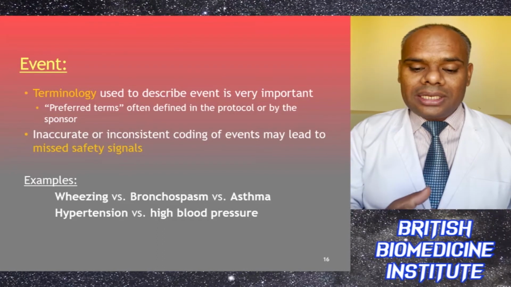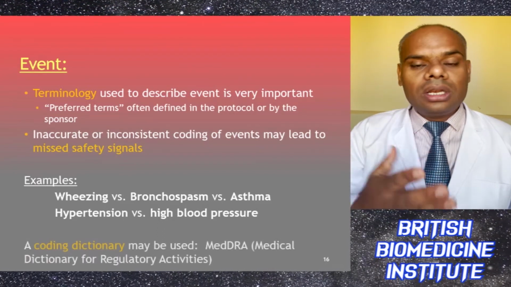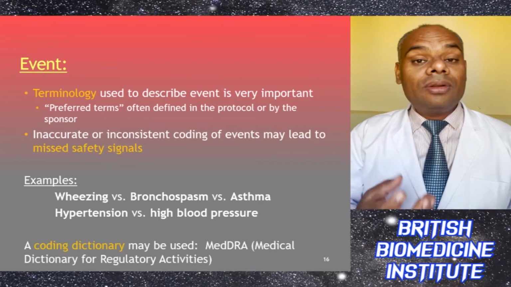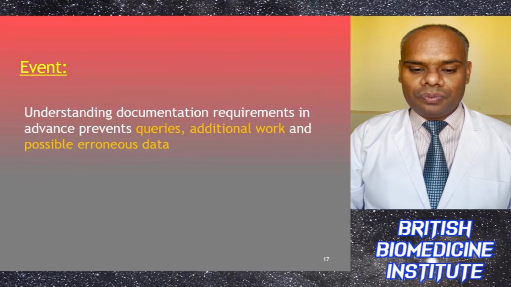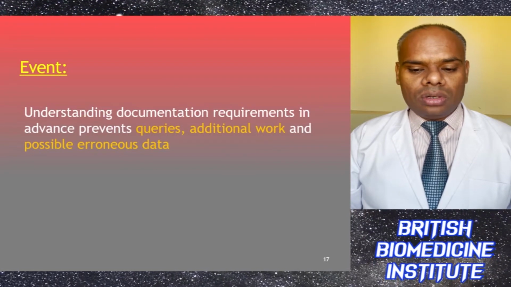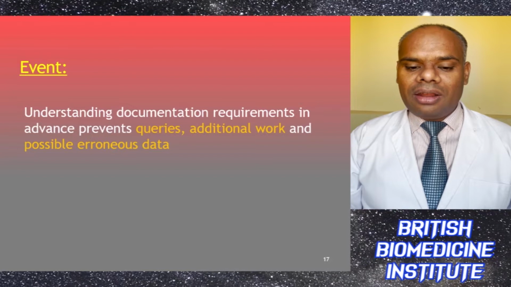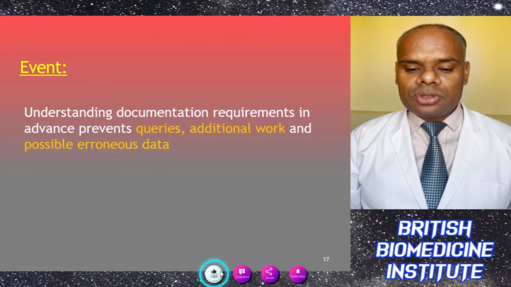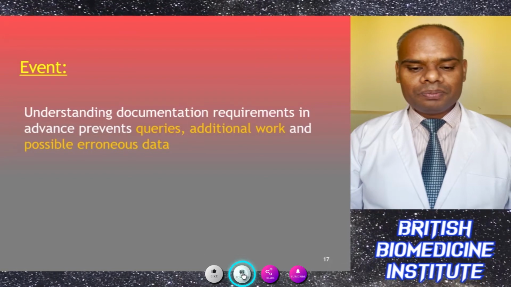So a coding dictionary like MedDRA, Medical Dictionary for Regulatory Activities, is used. So basically, if the event is not understood, documentation requirements in advanced patients lead to queries, additional work, and possible erroneous data.